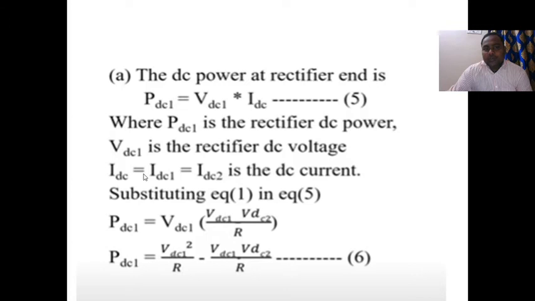Substituting equation 1 in equation 5, PDC1 is equal to VDC1 into VDC1 minus VDC2 by R. So overall the rectifier power PDC1 is equal to VDC1 square by R minus VDC1 into VDC2 by R. This is the rectifier power.